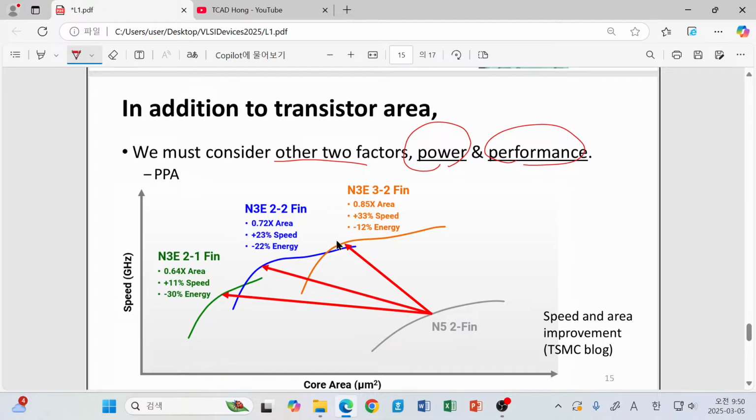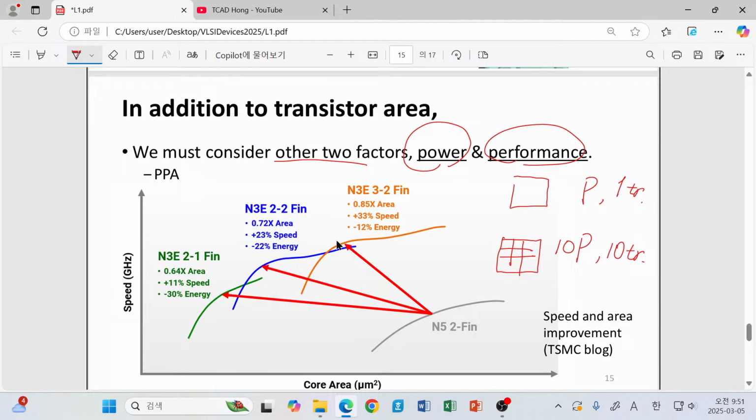Then what will happen? Previously you had a given chip size, and there was a power consumption, and the number of transistors was just one. Now you can integrate almost 10 transistors. Okay, good. Then if your power figure is not improved, what will happen? Your chip will spend 10 times more power.